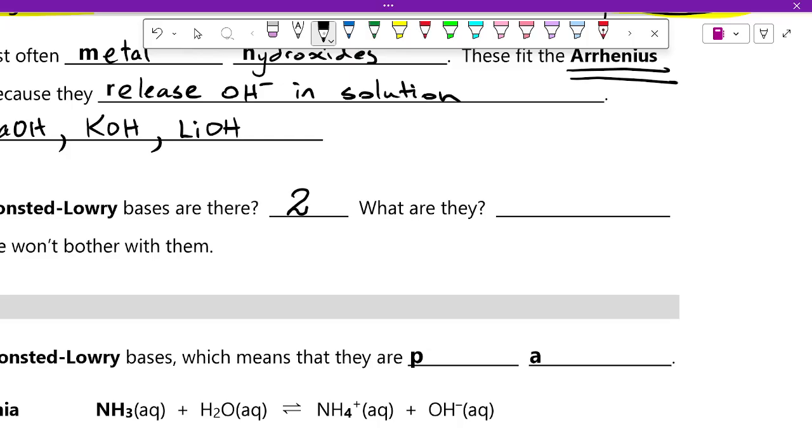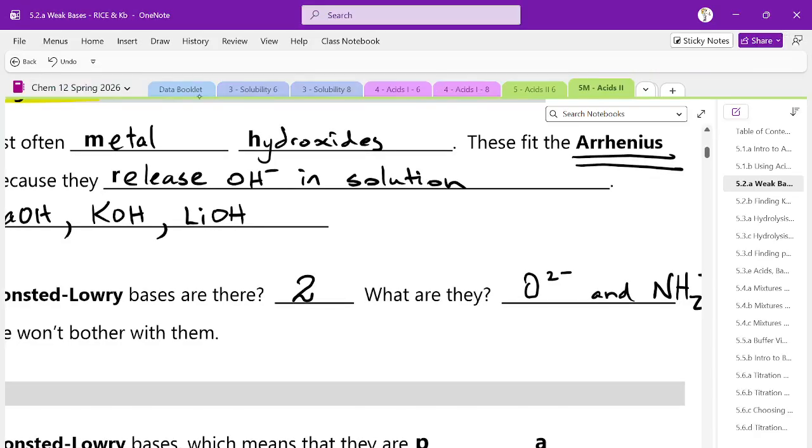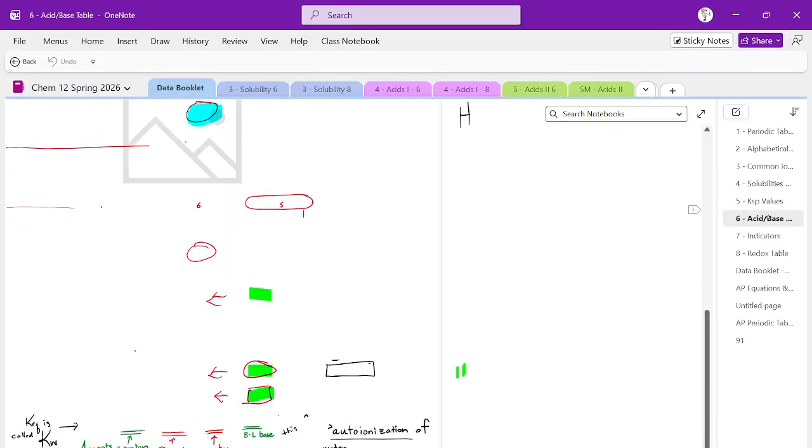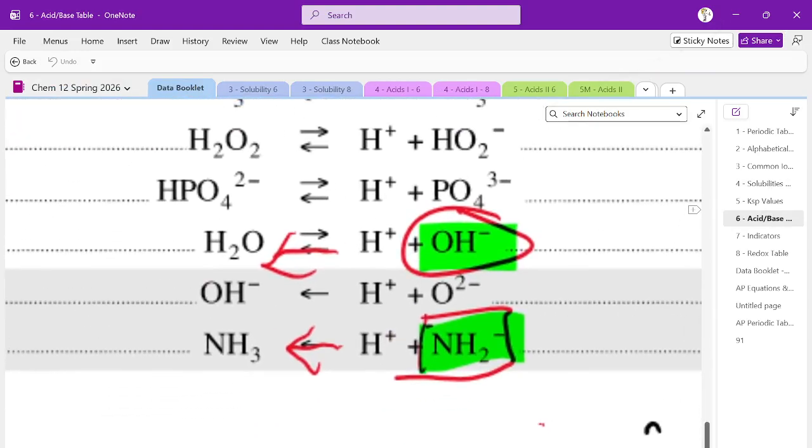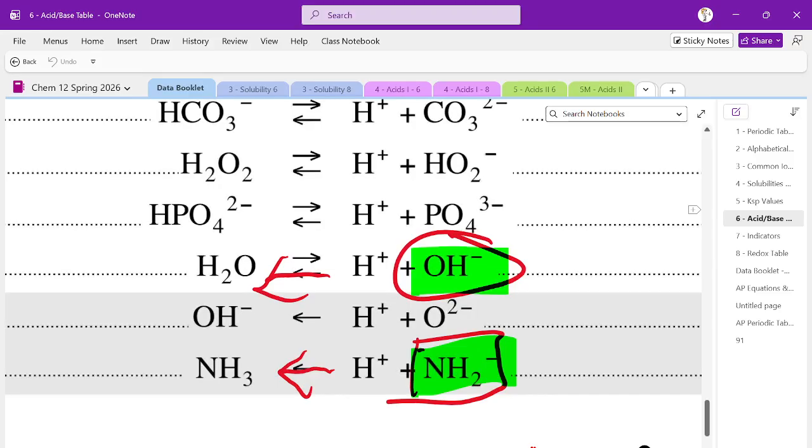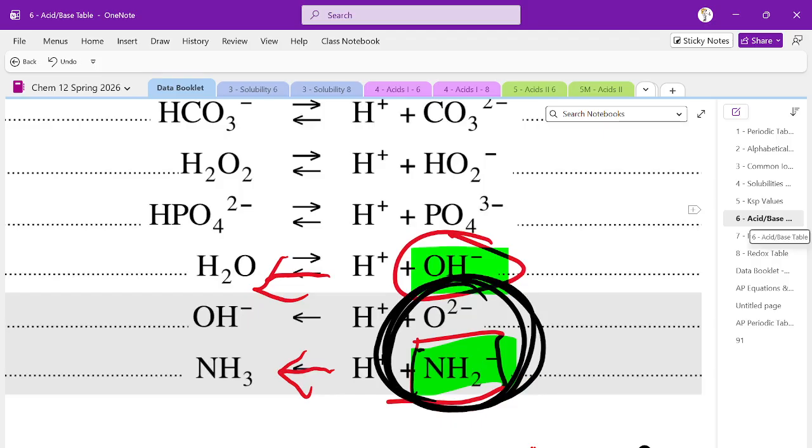They are O2 minus, not OH, and NH2 minus. Okay, so if you've forgotten where to find them on your data booklet, they are these 2 down here. Not the OH and the NH3, but the O2 minus and the NH2 minus, because these are the acid forms, and they're too weak to be acids. Okay? All right.